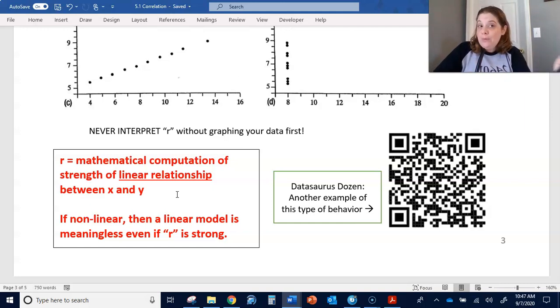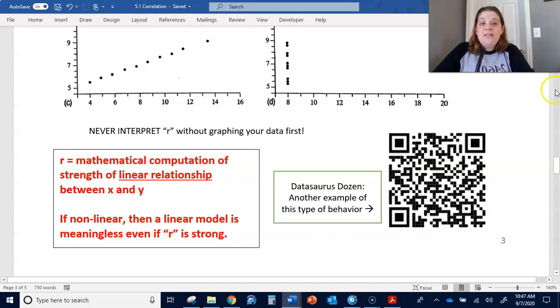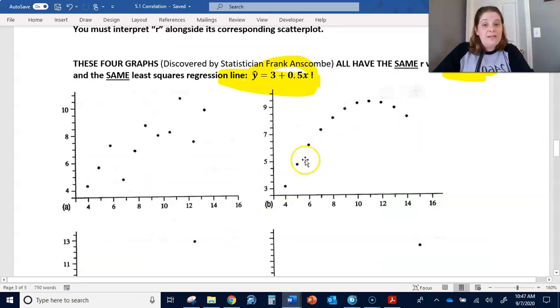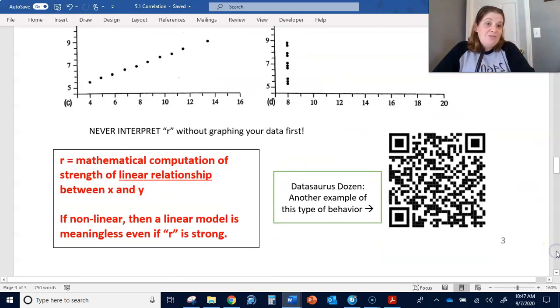The whole purpose for what we're doing in this chapter is to try to use relationships to make predictions. So even if you have a mathematically strong linear relationship, if you are seeing something that is a curve, like this B of the Anscombe's quartet right here, then that means that even if r is a very strong value, a linear model is not the best fit, and we'd be better off to try to find a different model for our predictions.